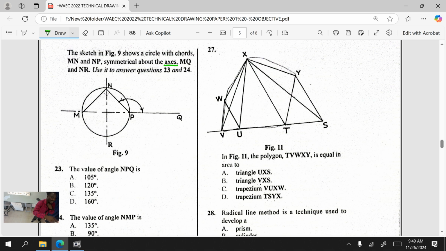So the axes NR and MP, they are symmetrical. If you look at up and down, left and right, they are identical. The axes MQ and NR. Can you see what I'm talking about? Good. Use it to answer questions 23 and 24. Question 23 says the value of angle NPQ.